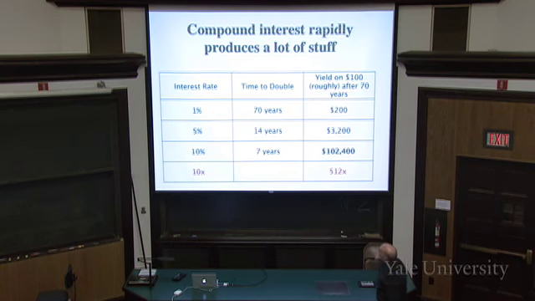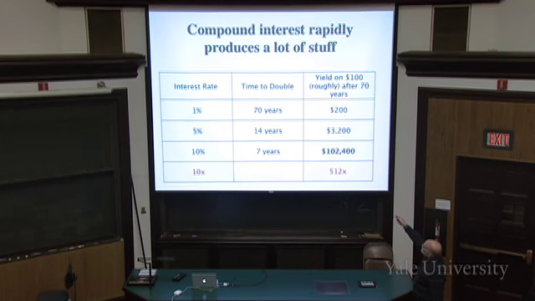So I've used basically a bank account to attract your interest with dollars, but this will work with organisms and populations just as well. The time to double for money invested at 1% is 70 years, 5% is 14 years, and 10% is 7 years. And the yield after 70 years on $100 looks like this.